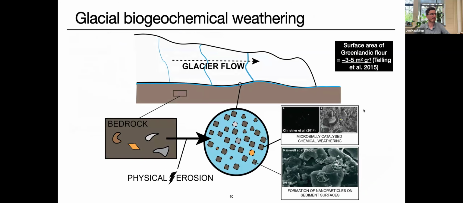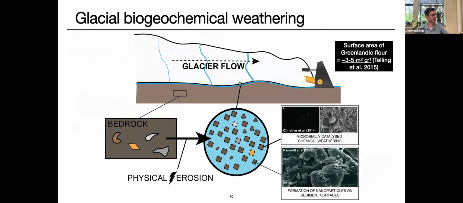And this is my very basic introduction to glacial biogeochemistry, or glacial geochemical weathering, and why I think it's so interesting. So here's my cartoon of a glacier flowing over bedrock. What these guys are is big natural bulldozers. As they're flowing over the bedrock, they're crushing and grinding that bedrock, abrading it. And they're basically taking solid rock and bashing it up into all these micro nanoparticles.